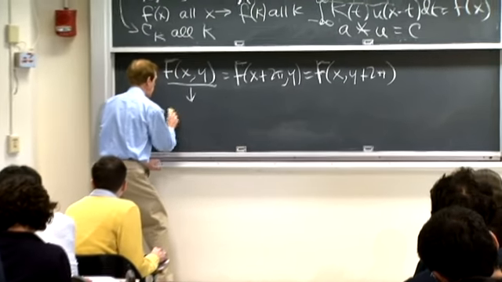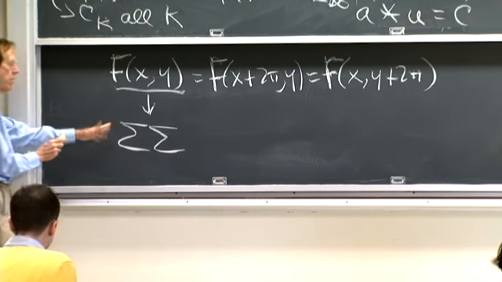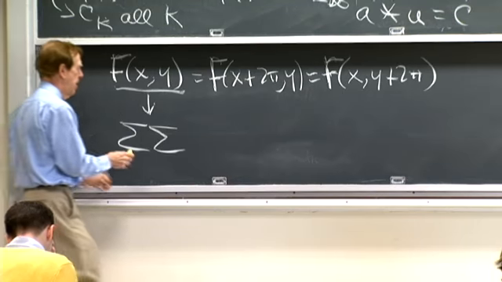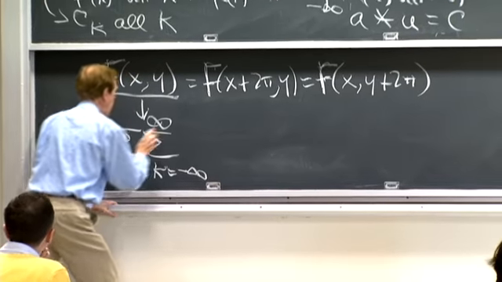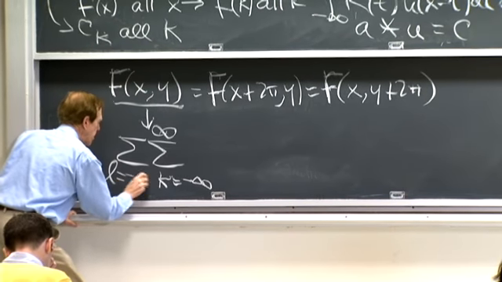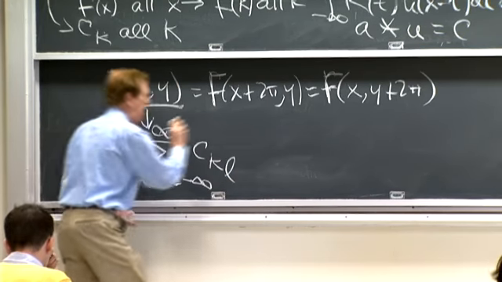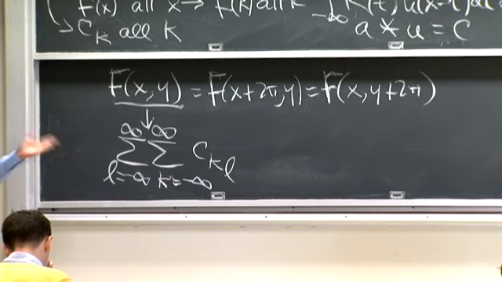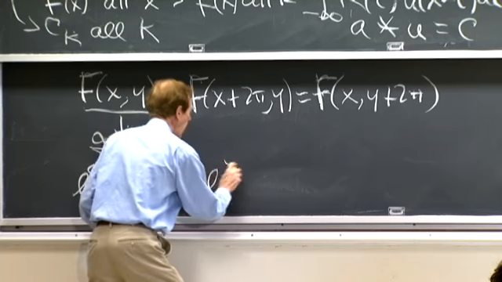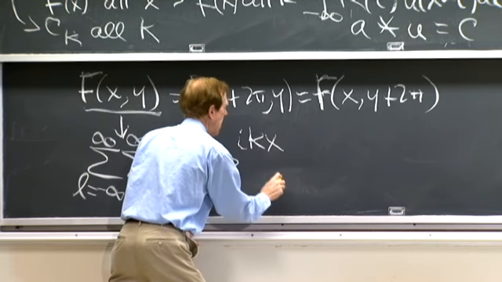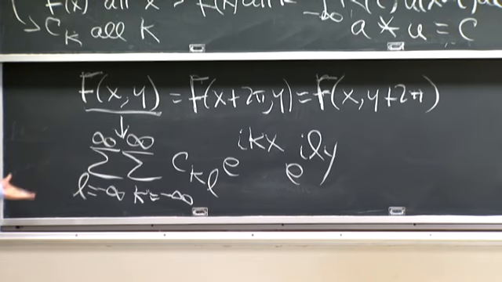I would write that as a sum, but I'll make it a double sum. I'll write 2 sigmas just to emphasize that we're summing from k equal minus infinity to infinity, and from l equal minus infinity to infinity. We have coefficients c k l. They depend on 2 indices. This is the pattern to know, multiplying our e to the i k x and our e to the i l y.